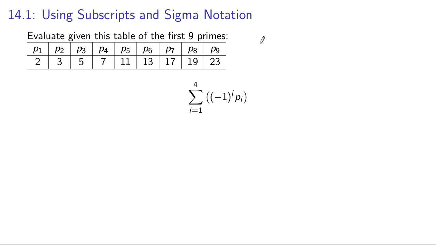This time we have this strange negative 1 to the i. Why would we do this? So let's just evaluate this and see what happens here.